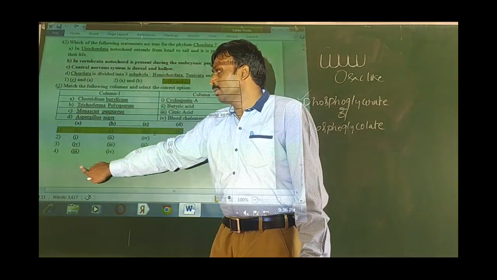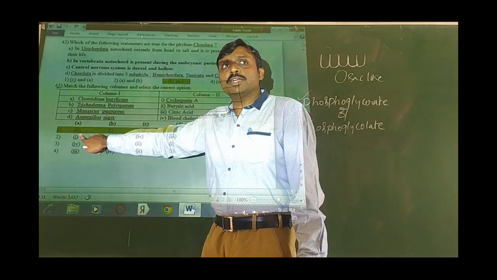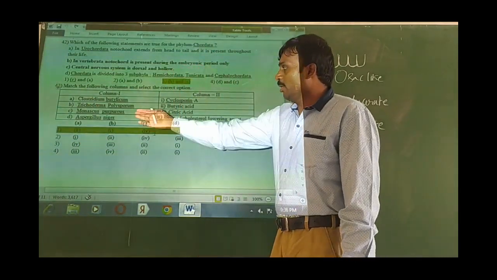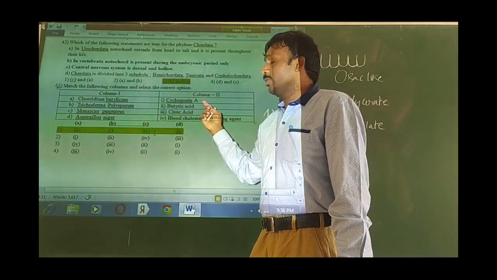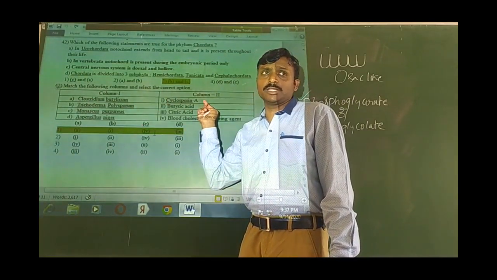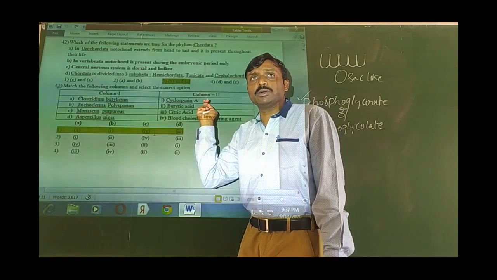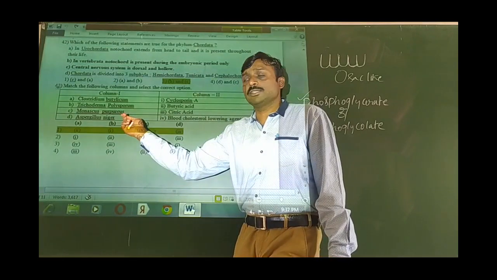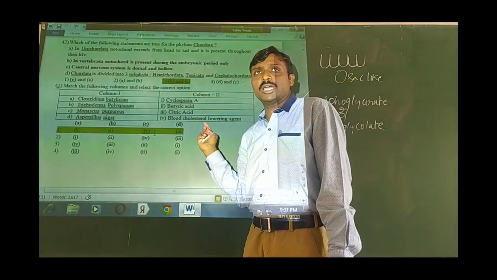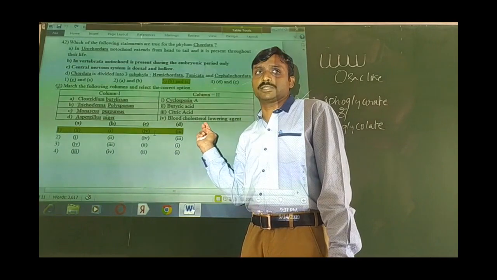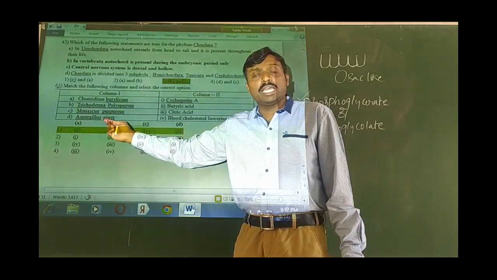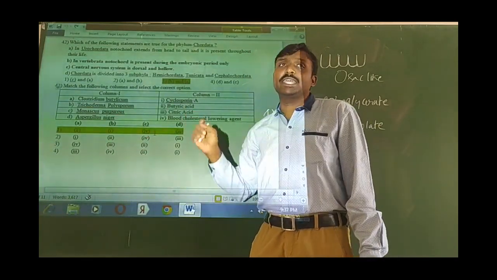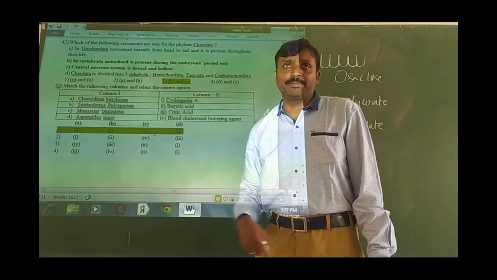So again, if we go through the options, under A, only one time 2 is mentioned, that is the first option. Blindly you can go for that option. Okay. And Trichoderma polysporum, which produces an immunosuppressive agent cyclosporin A, okay, which is given to organ transplantation patients. Then Monascus purpureus, this produces blood cholesterol lowering agents, which are generally called statins. Okay. Then Aspergillus niger, which produces citric acid. Okay. So this is a fungus.